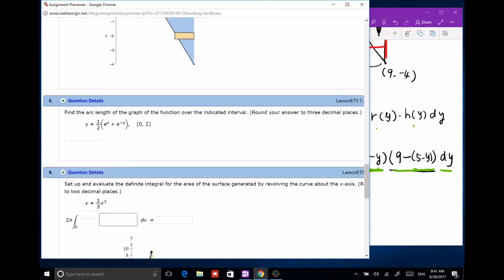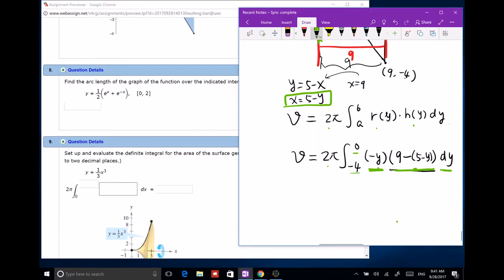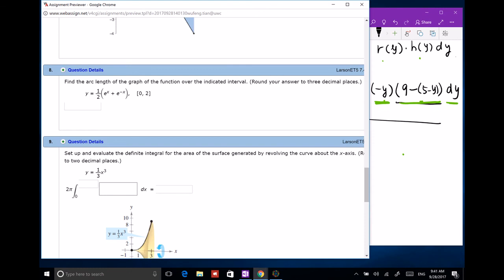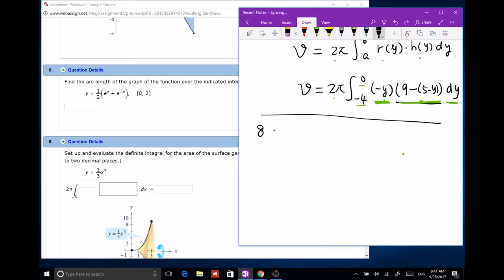Okay. This one, number 8. Find the arc length of the graph of the function on the indicated interval. So I will ask one student to tell me the arc length formula. S equals integral from a to b of something dx.